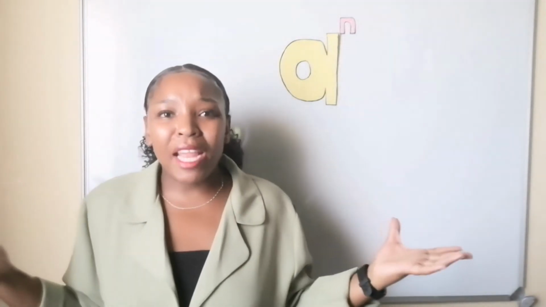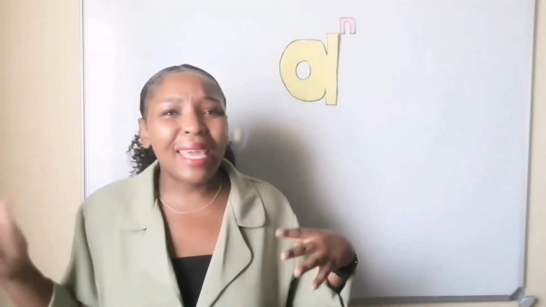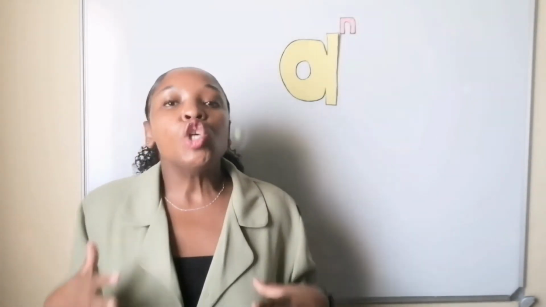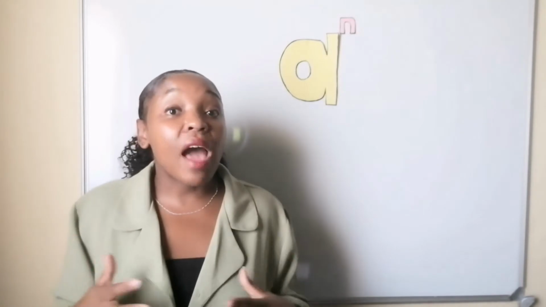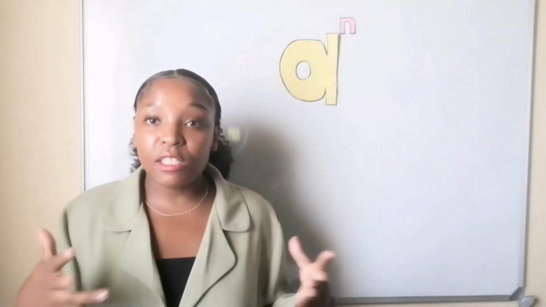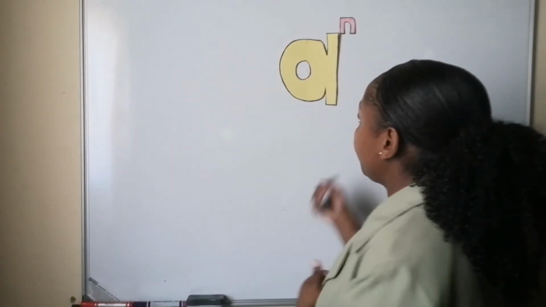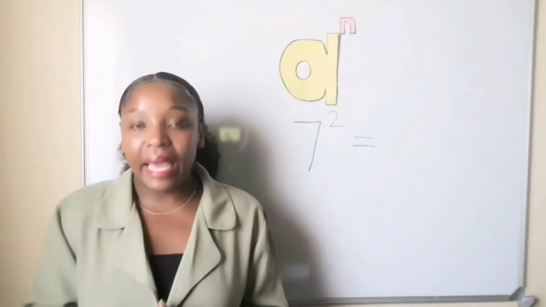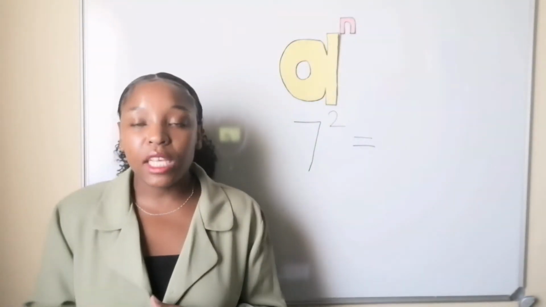But this might be confusing because if we're talking letters, that might confuse someone. So what does this mean if I were to actually put real numbers and explain it using that? Okay, let's have a look. Like I've mentioned, the 7 will be the base and the 2 will be the exponent.